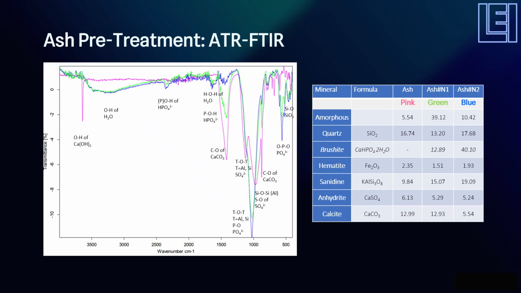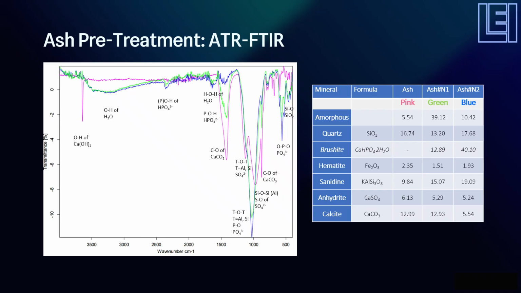We see characteristic symmetric and asymmetric stretching vibration of OH bonds from water, stretching vibration of P-OH or hydrogen phosphate ions, also the most characteristic hydrogen phosphate ion band coming from brushite, also from water. Asymmetrical CO stretching from calcite reduces, and the range from 1100 to 1000.